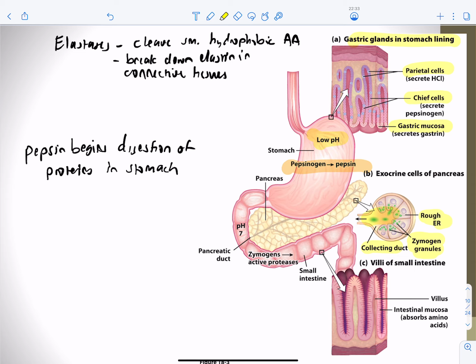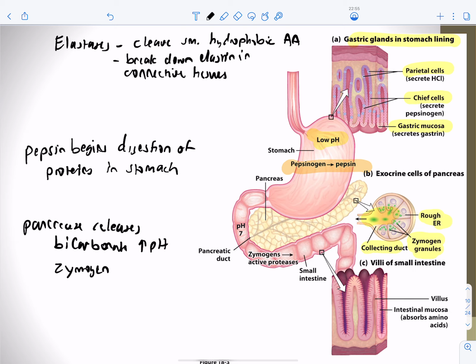Your pancreas is also going to release bicarbonate, and this is going to increase the pH. Inside those granules are going to be trypsin, chymotrypsin, enteropeptidase, etc.